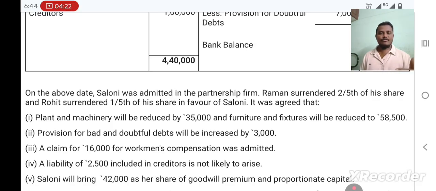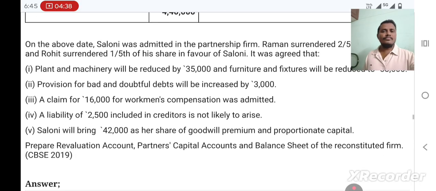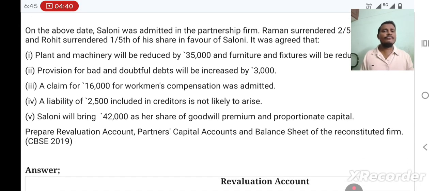That 24,000 we have to split among the partners, so we will show it inside the partners capital account only, and it will not be recorded inside the revaluation account.